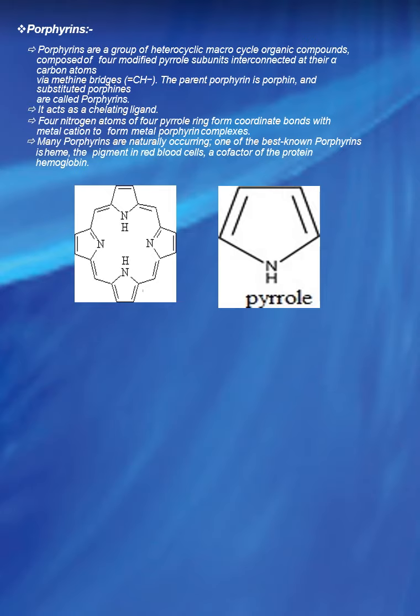These 4 pyrrole subunits are interconnected at their alpha carbon atoms via methine bridges, and it also acts as a chelating ligand. 4 nitrogen atoms of 4 pyrrole rings form coordinate bonds with a metal cation to form metal porphyrin complexes. As we have discussed, they are naturally occurring, and one of the best known porphyrins is the pigment heme in red blood cells, a cofactor of the protein hemoglobin.